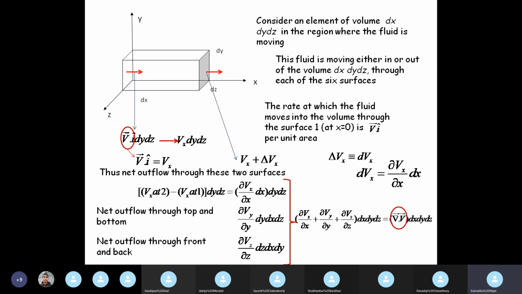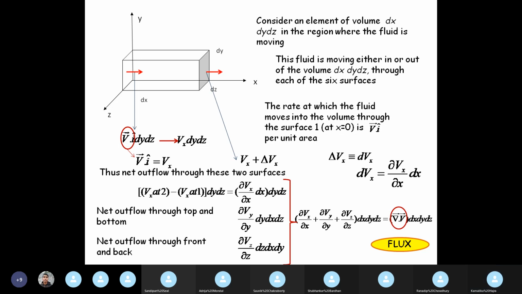So the net amount of fluid that comes out through a volume per unit time, per unit volume, is called the flux. So basically, the divergence of a vector that is associated with the flow of particles or lines of force gives you the flux at that given point.